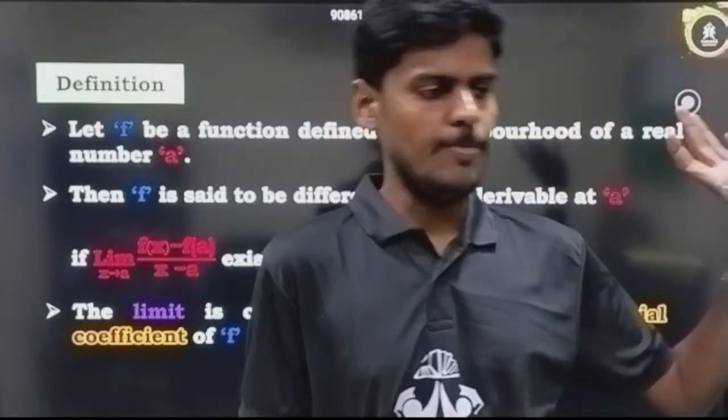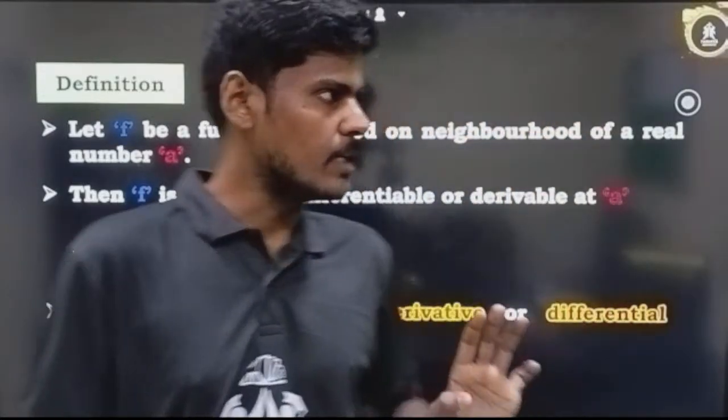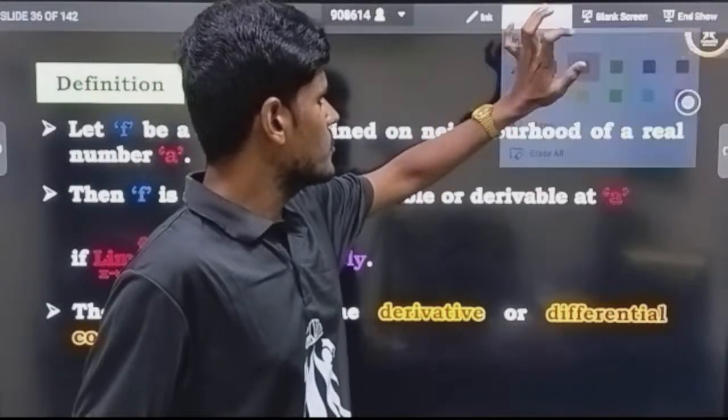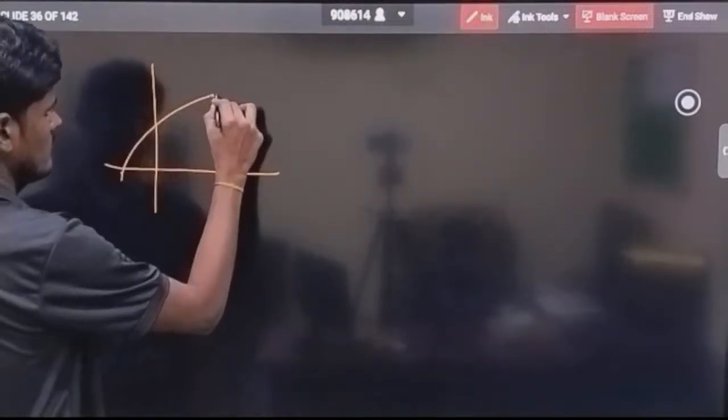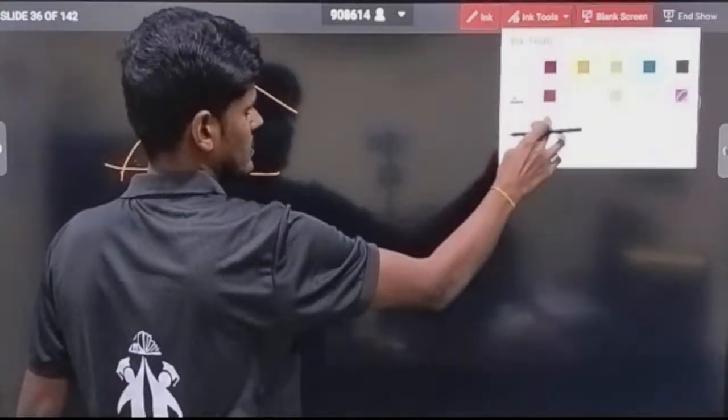It is nothing but the slope of the tangent. And the slope of the tangent should be a finite number. Okay. Now the slope should be a finite number. That means we will consider different scenarios. Let's consider a function like this.